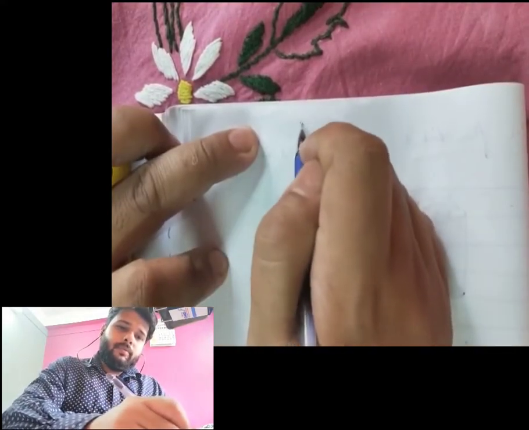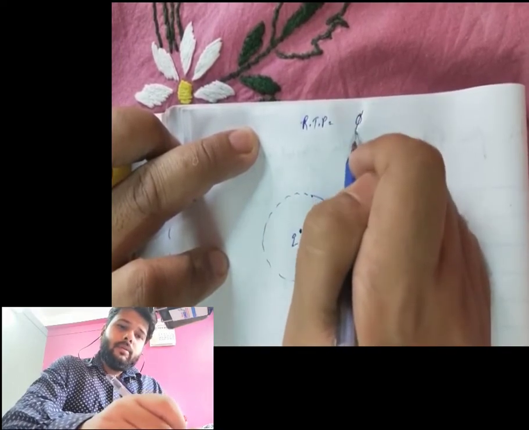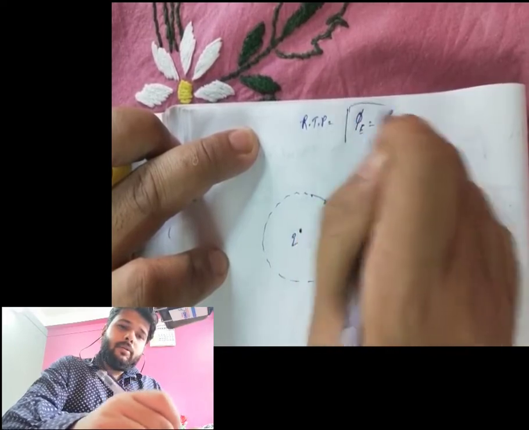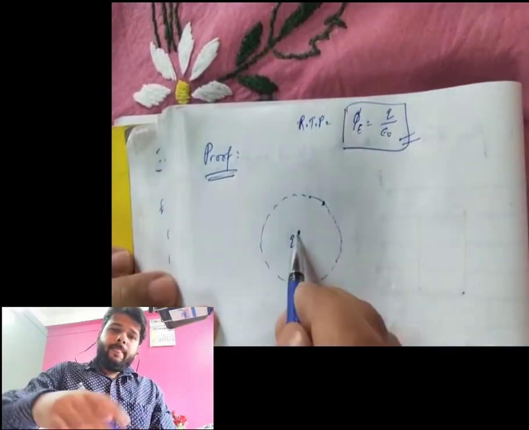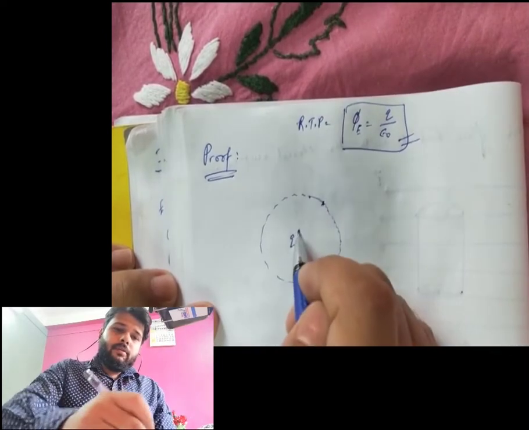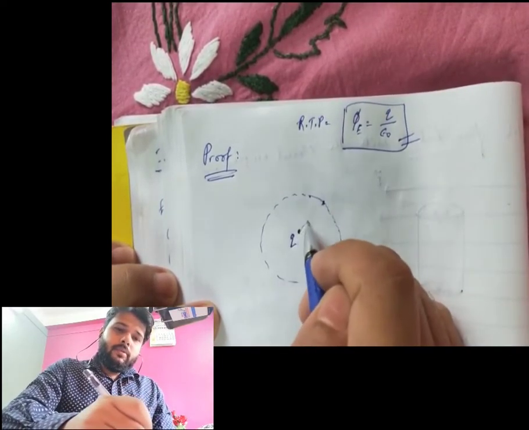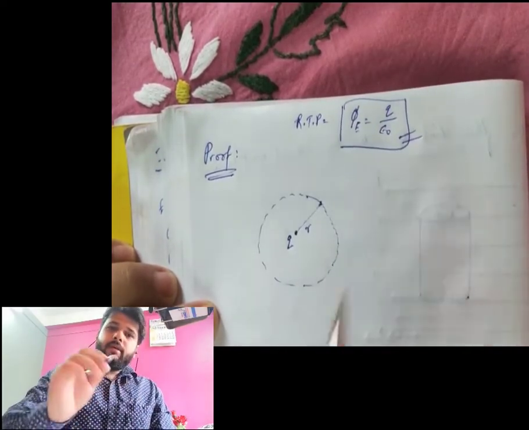Proving Gauss's theorem means we have to prove that phi e is equal to q by epsilon naught. Now, for this q, suppose this distance is r, so it is a sphere of radius r.